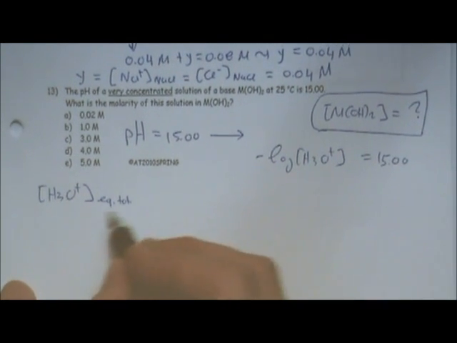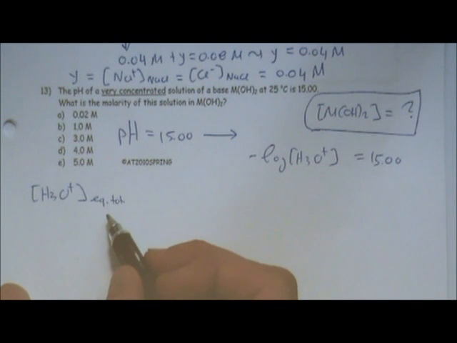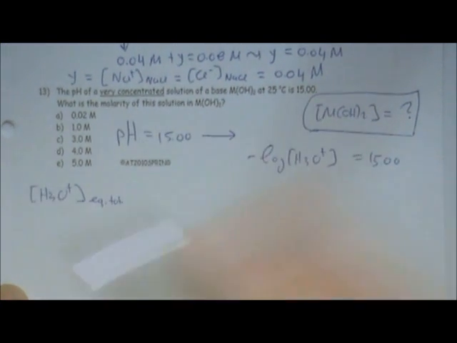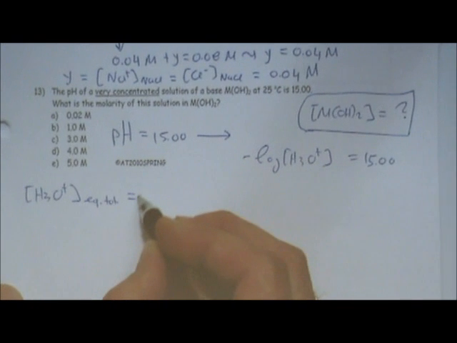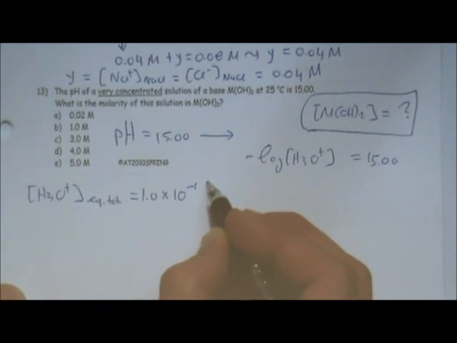Usually the textbooks don't put this, but when you learn, you really need it. I found it very necessary when I was a student. When we talk about pH, we have the total H3O plus at equilibrium state. All the systems are at equilibrium. And so this is equal to 1.0 times 10 to minus 15.